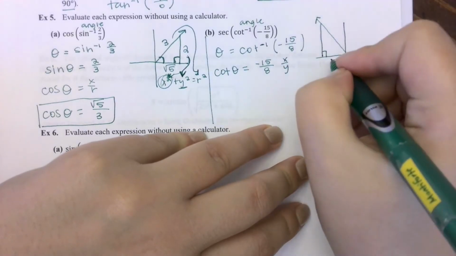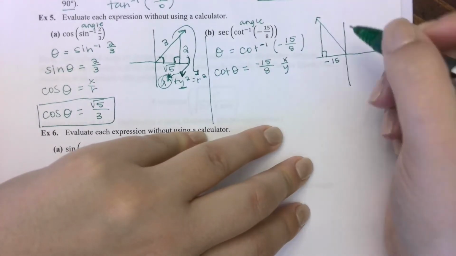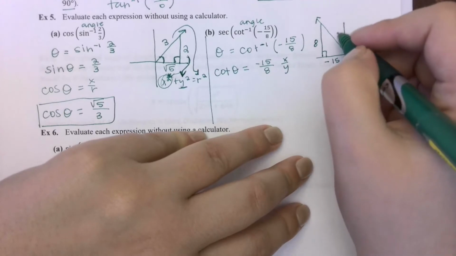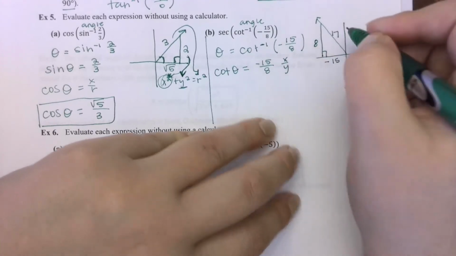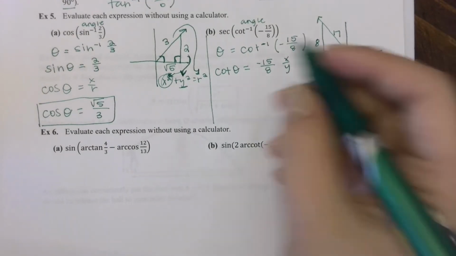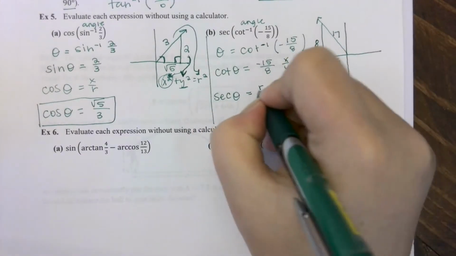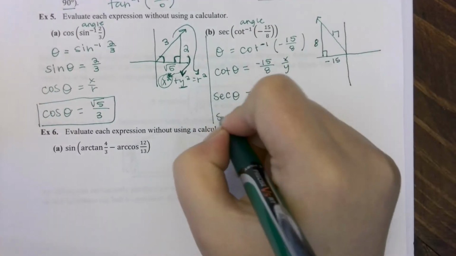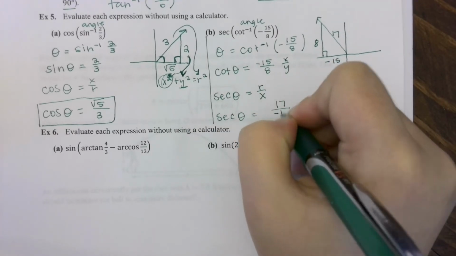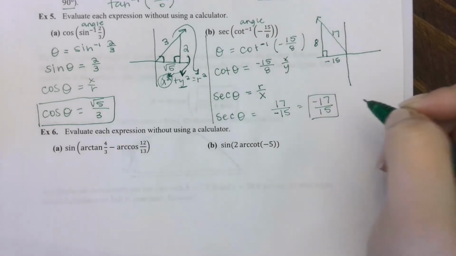So x is negative 15, y is 8, and then we solve for our missing side, which gives me 17, using the Pythagorean theorem. Then secant theta, which is r over x, would be 17 over negative 15, which gives negative 17 over 15.